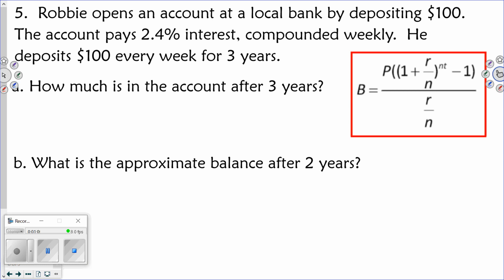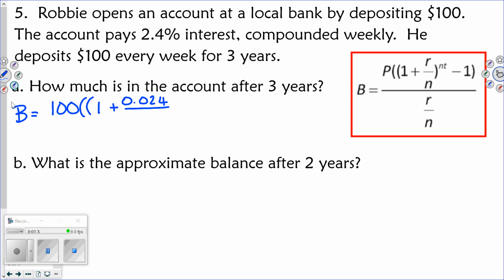Okay? All right, so if I'm looking at this problem, let's go ahead and plug numbers into my formula. So the balance equals, I'm starting with $100, and then 1 plus my rate, 0.024, over, it is being compounded weekly.